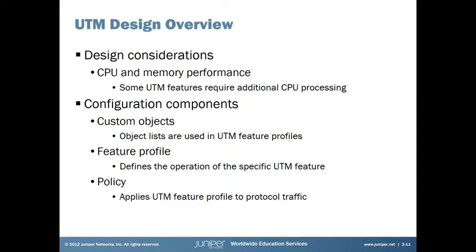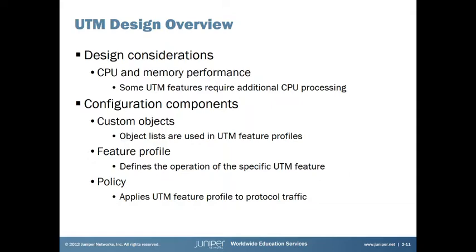Configuration components, we've got custom objects. So we're going to look at these things and how they're used in the UTM profiles. Feature profiles look at the operation of a specific feature, and we've got policies. So what we do is we take a policy that we've already got in place, a security policy, and we're going to add this UTM feature profile into traffic that is being evaluated by a particular policy.